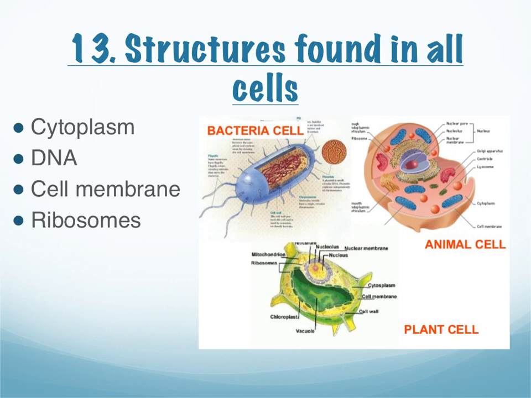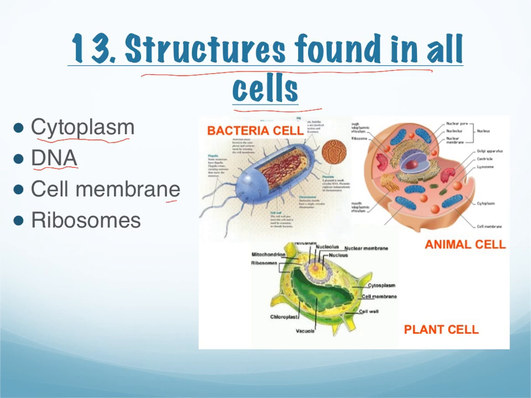Okay, the structures that are found in all types of cells, and there are 4 of them. The first one is cytoplasm. Cytoplasm is like the liquidy, kind of gelatinous inside part of the cell that all the other things are floating around in. All cells have DNA, which is a reproductive material, carries a genetic code, and that is passed on from the parent cell to the offspring.